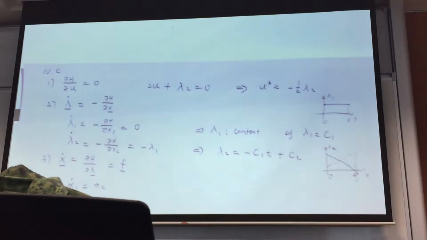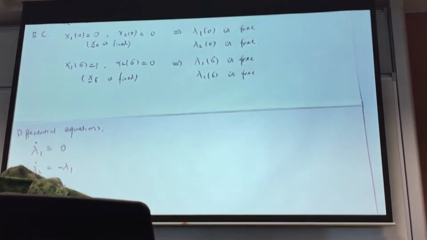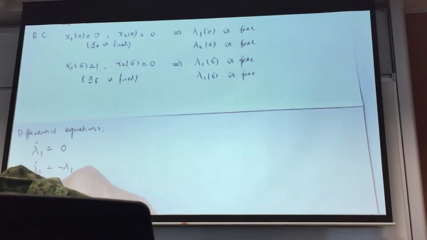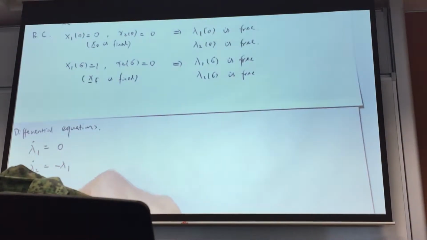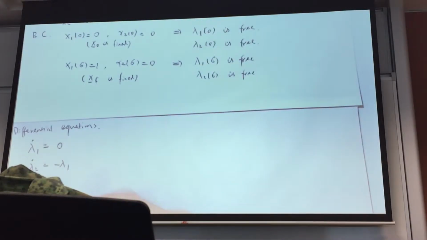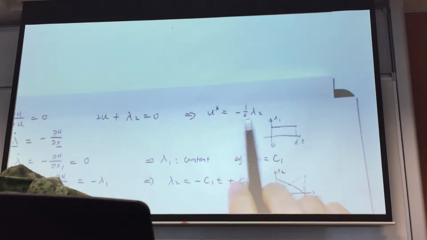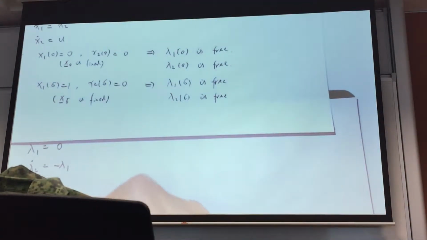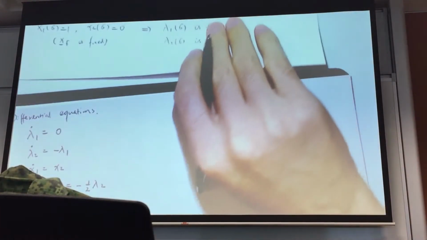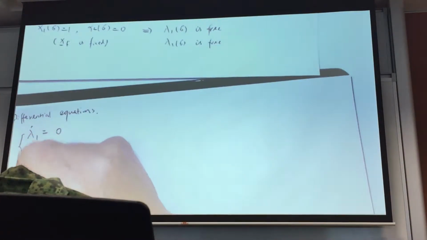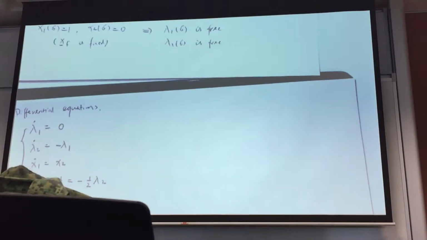And x2 dot equal to u, where u is equal to minus a half lambda 2. So these are the differential equations.